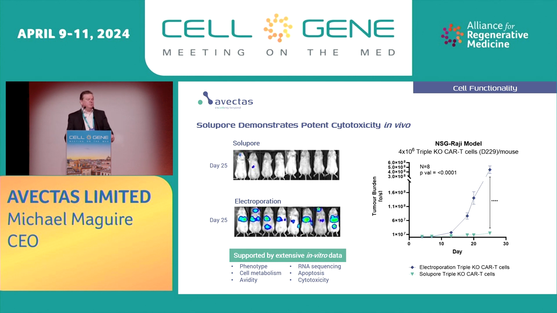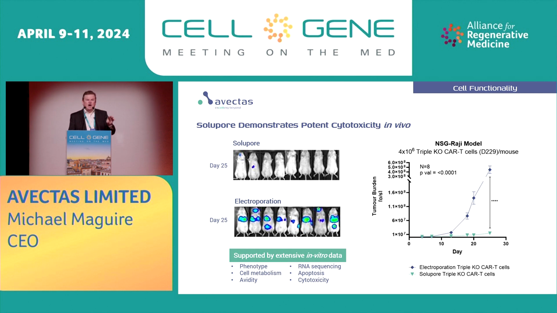In the top population, we see complete management or clearance of the tumor. This product was directed at a Raji tumor in these mice. And in the bottom panel here, we see failure of the electroporated population to manage that tumor after about, looking on the right-hand side, day 12.